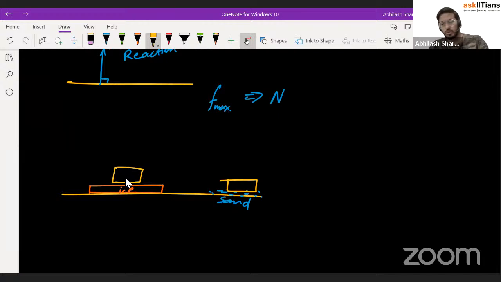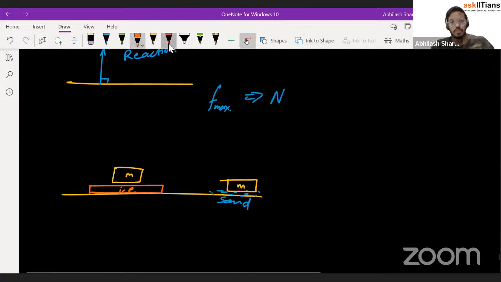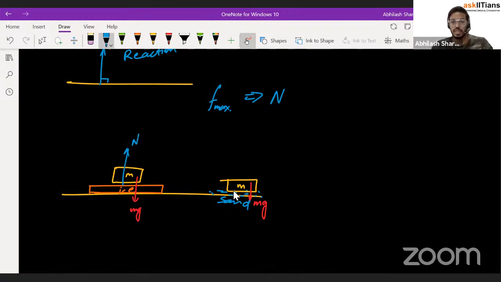Now both blocks are the same. Both have mass m, equal weight. So there will be equal normal reaction also, right? This one would also be applying its weight mg. This one will also be applying its weight mg. In both cases, normal reactions from the ice or from the sand are the same, mg only.